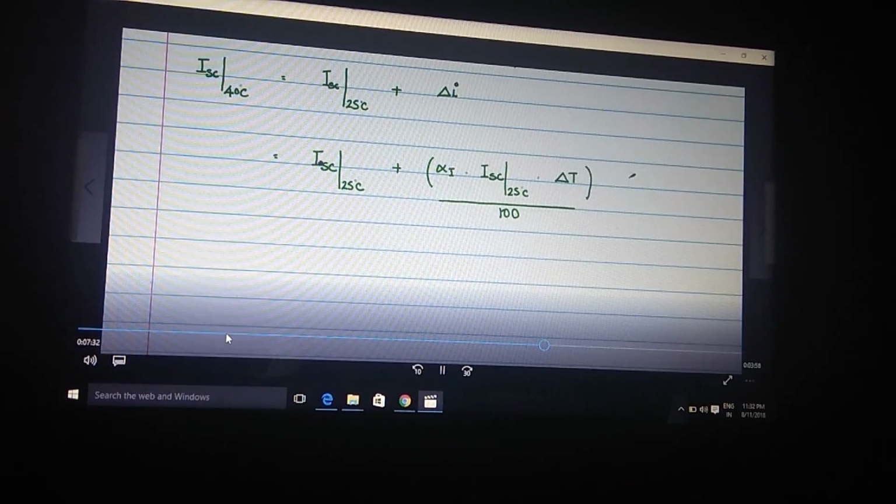If you take out ISC at 25 degrees centigrade as a common factor, you will get this particular term, 1 plus alpha I delta T by 100.